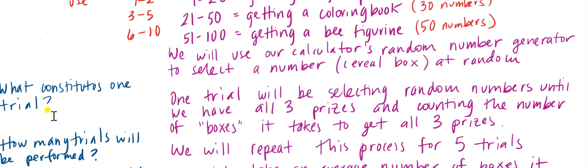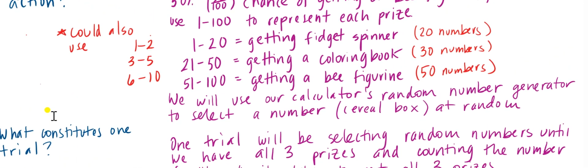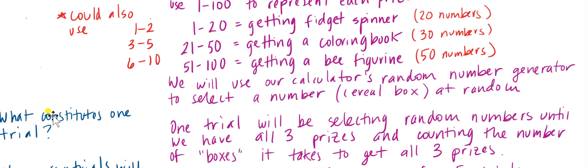Okay. Next, you need to be clear on what is going to constitute one trial. Because in a simulation, we are going to perform multiple trials. So, for example, when we were simulating having a boy or a girl, you didn't just flip a coin one time and that was it. You flipped a coin multiple times because there were multiple kids you were having.